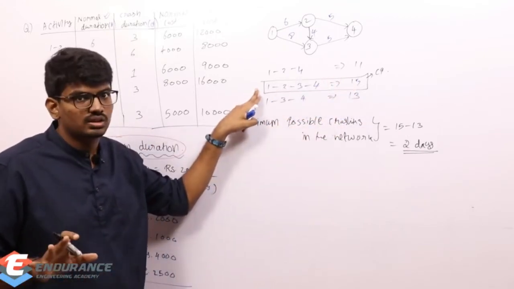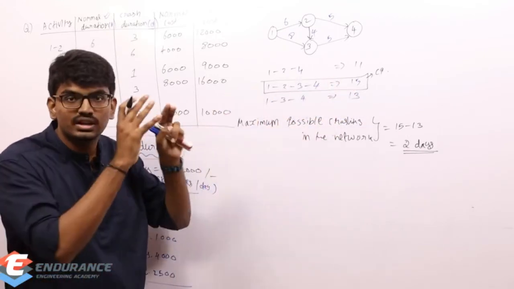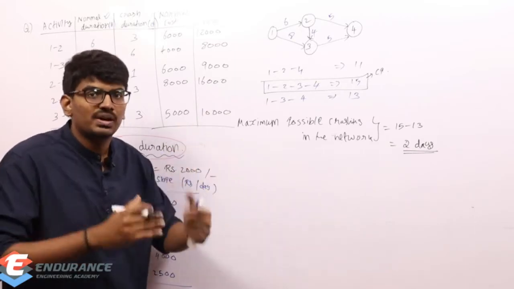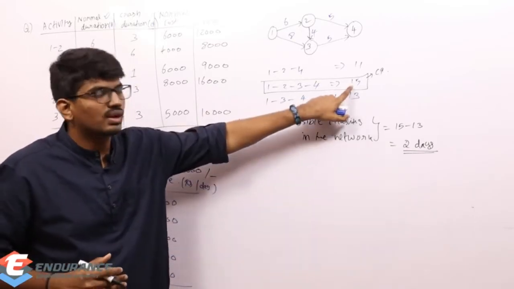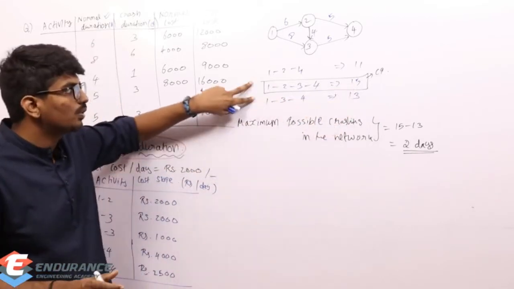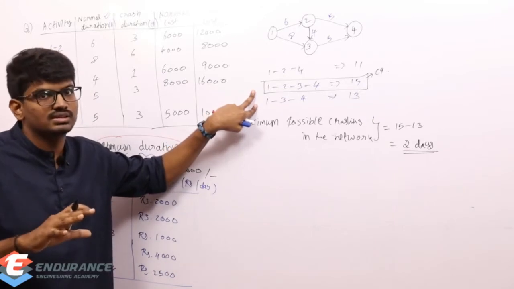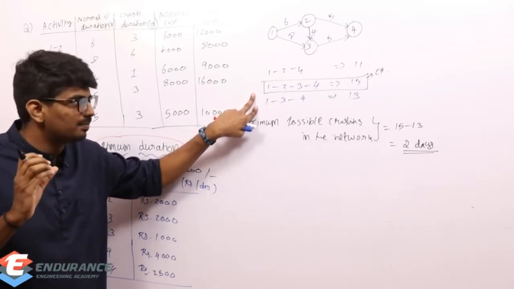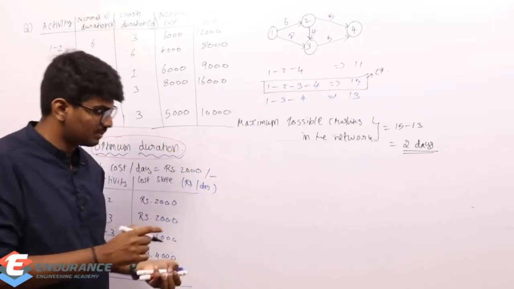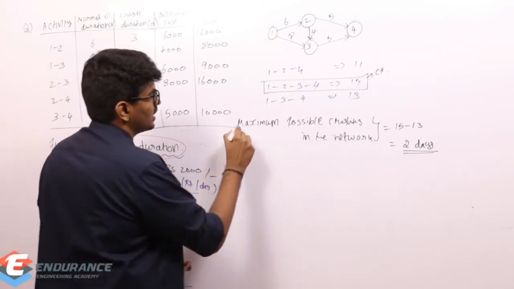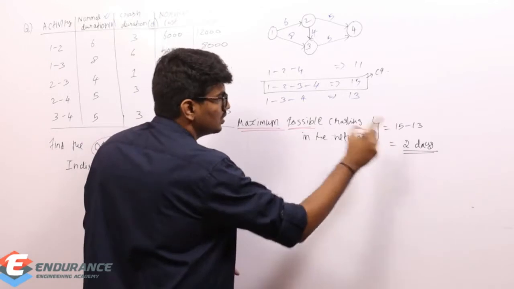I will reduce 2 days only on that path. But once we reach 13, both of them will be critical paths, so I need to concentrate on both paths. That is the basic concept here. So the maximum possible crashing as of now in this network is 2 days only.